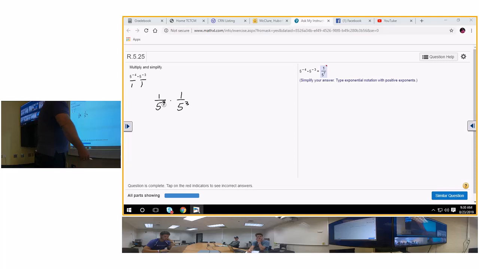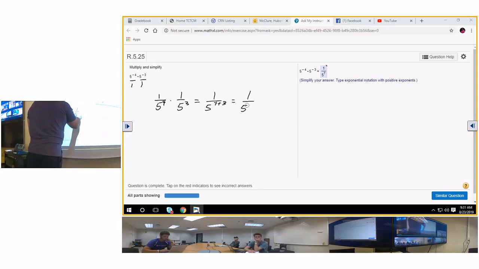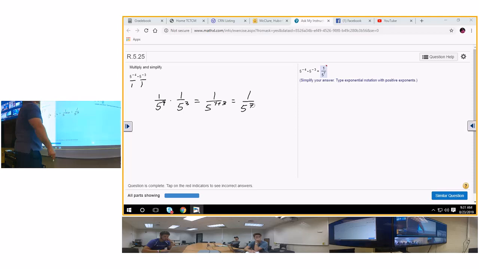And now, what's 1 times 1? And what's 5 to the 4th times 5 to the 3rd? What do you do to the exponents? You add them. And that's going to be 1 over 5 to the 7th. So that's one way you can do it.